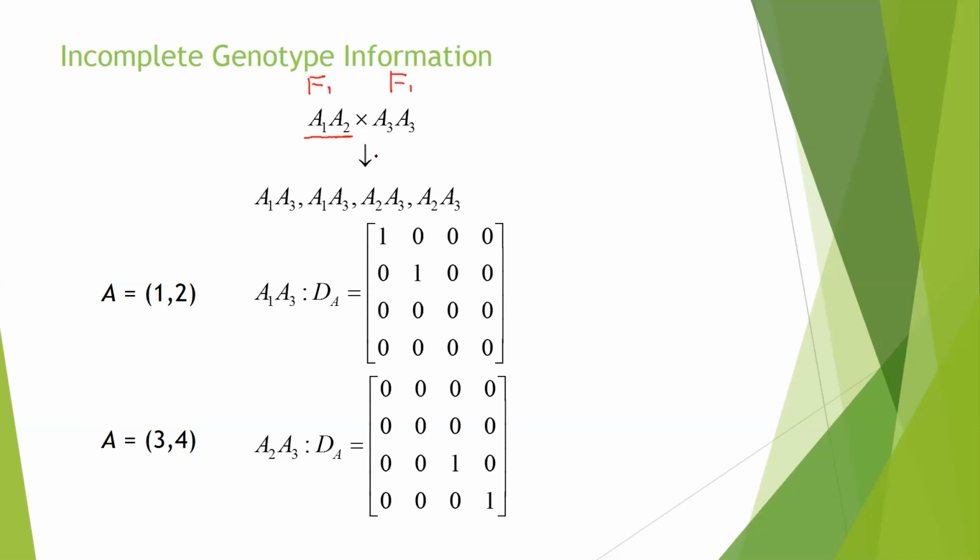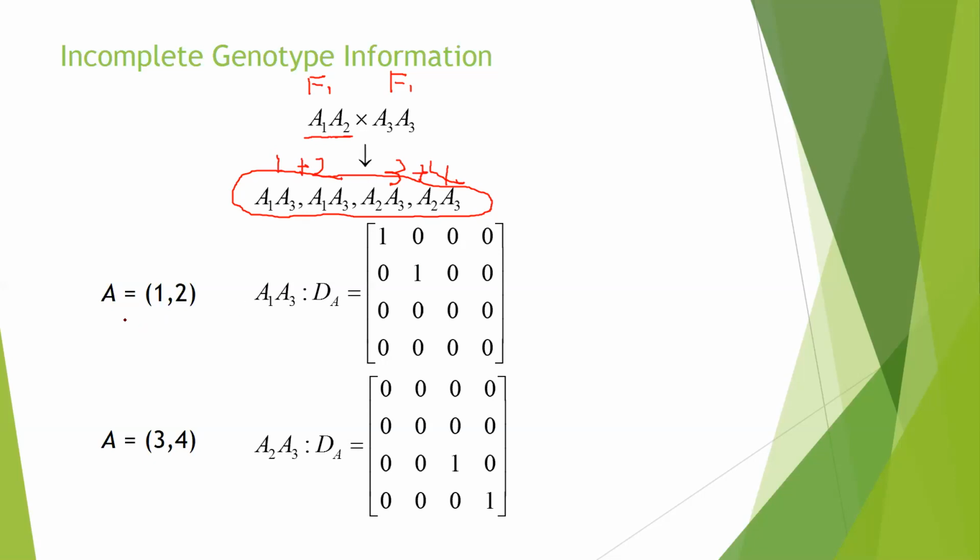If we do this cross between these two F1 parents, we end up with 4 types of genotypes, but 1 and 2 are mixed up, and 3 and 4 are mixed up. Is that clear?